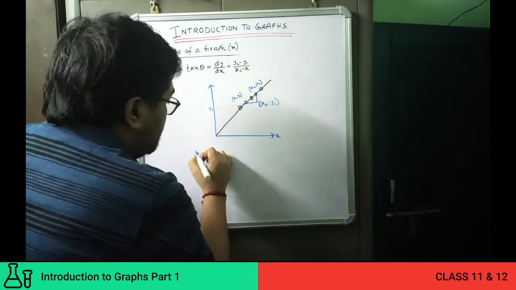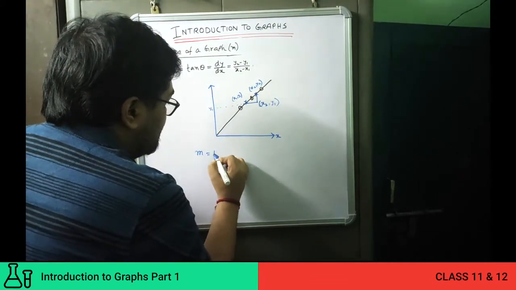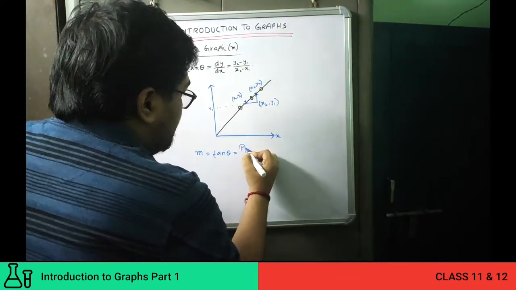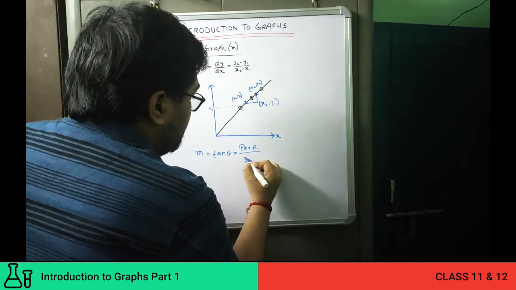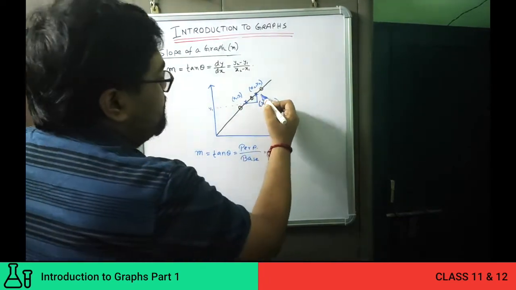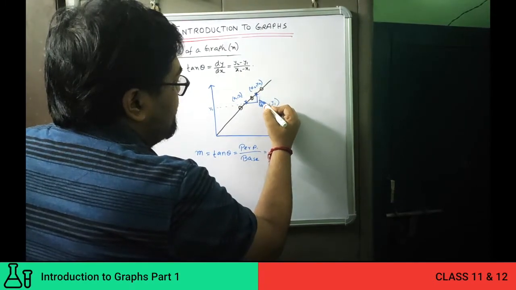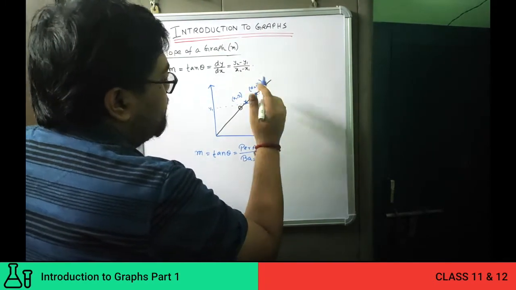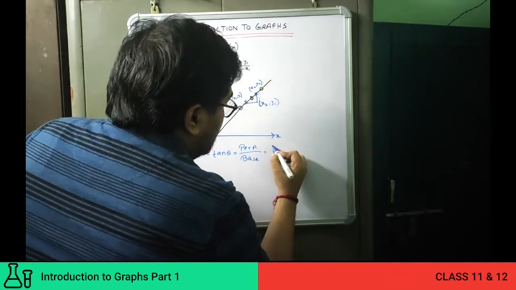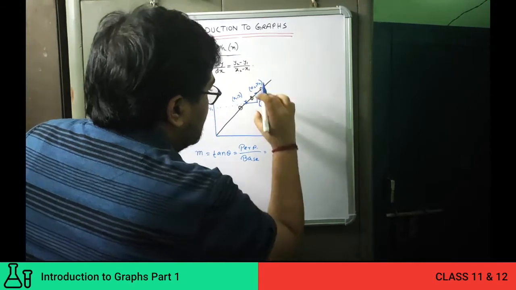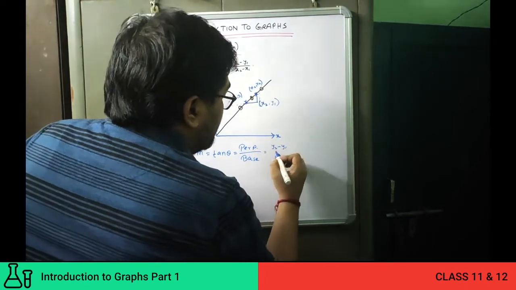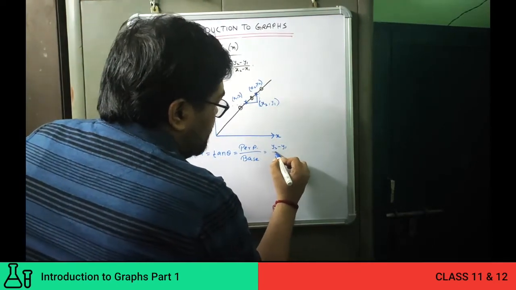Now slope equals tan theta, and we know that tan theta means perpendicular by base. So which is the perpendicular here? This line is the perpendicular. The change in these two coordinates will be y2 minus y1, since the upper portion is y2 and the lower portion is y1.